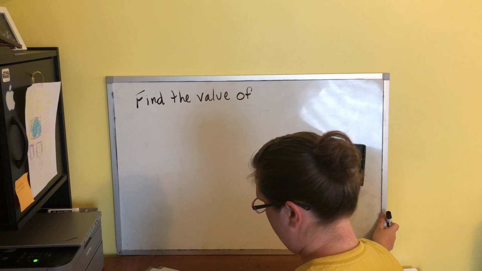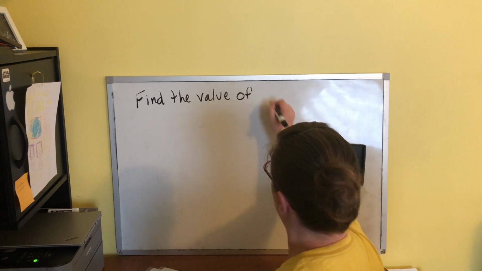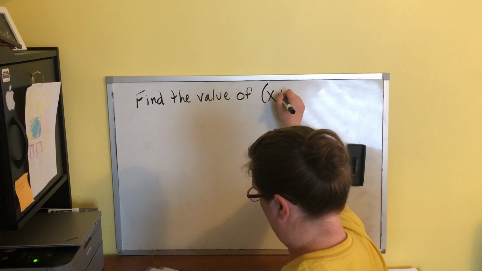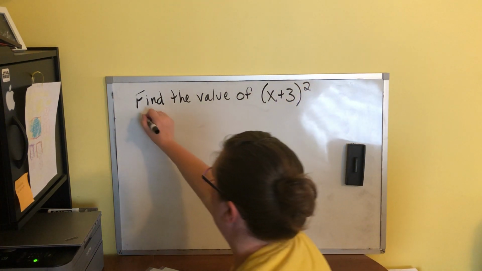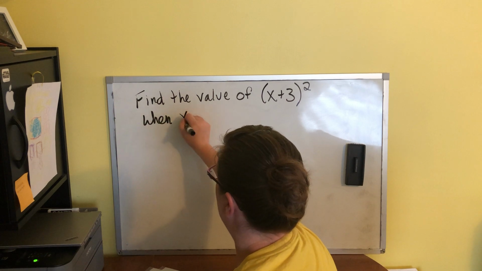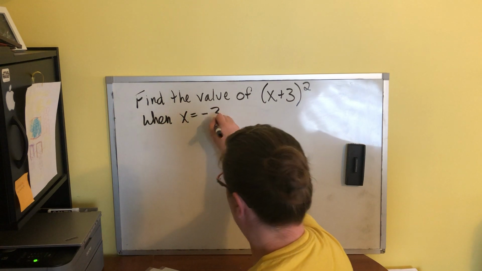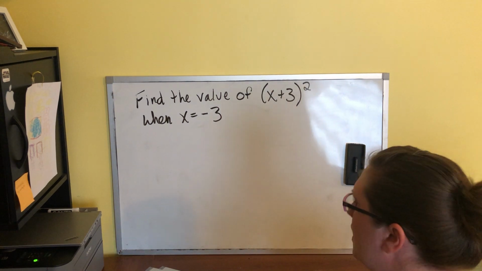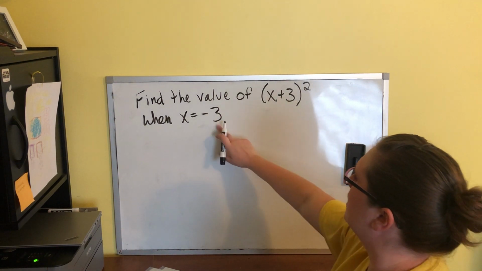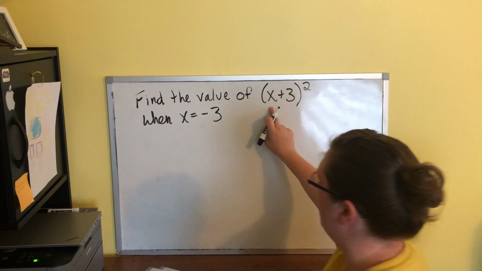So now we're going to find the value of x plus 3 squared when x is negative 3. Okay? So same thing, we're going to go ahead and substitute the negative 3 in for the variable x.